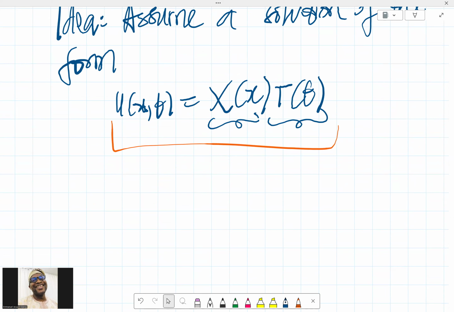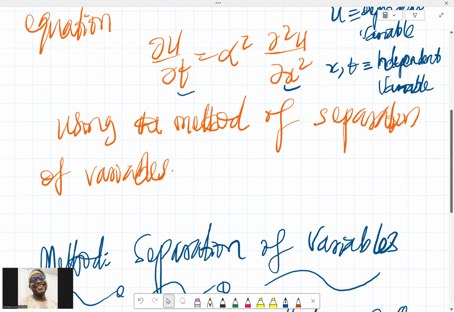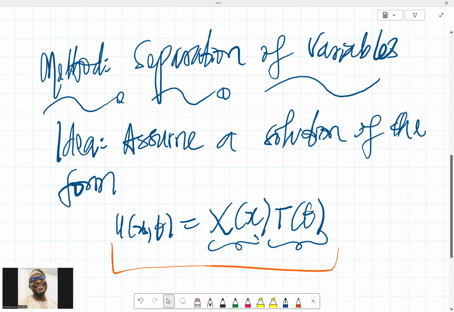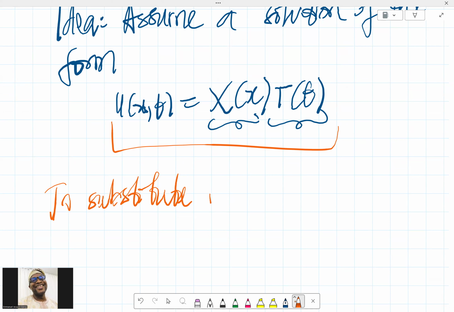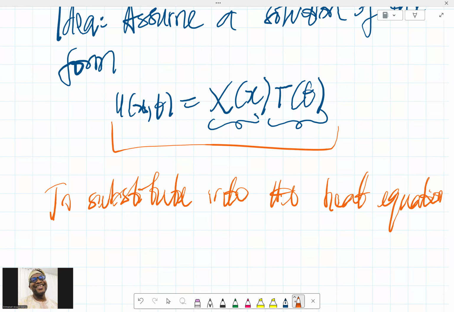So u of x comma t is equal to X of x multiplied by T of t. Inserting that, we substitute into the heat equation. So see the heat equation again.